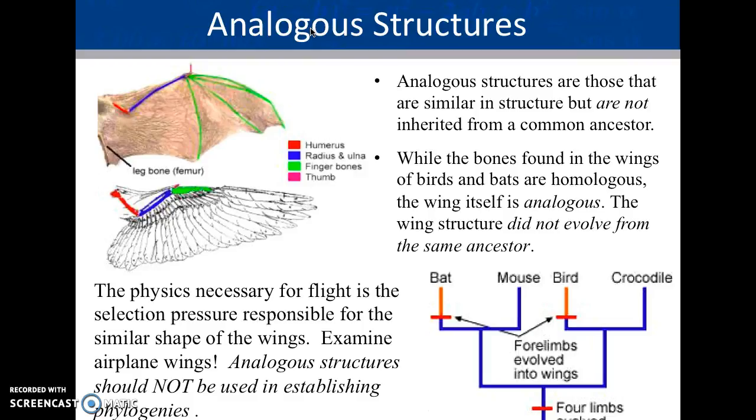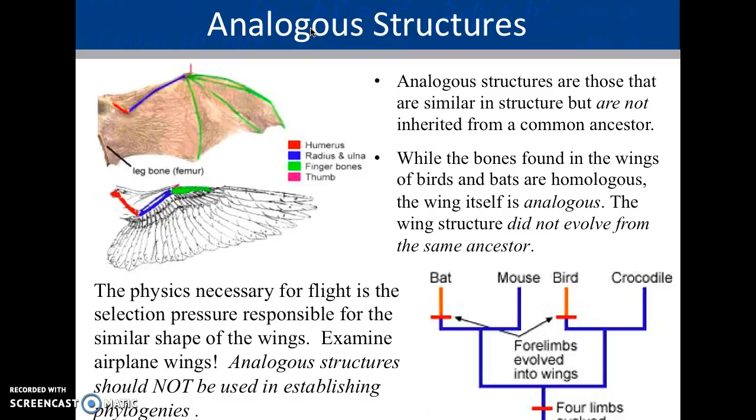Analogous structures are going to be a little bit different. These are traits or structures that are similar but are not inherited from a common ancestor. When we look at things with wings, butterflies, bats, birds, anything with a wing does not necessarily mean that it has a common ancestor. Its function is the same, to help it fly or to help it move, but they did not come from the same species or the same common ancestor.